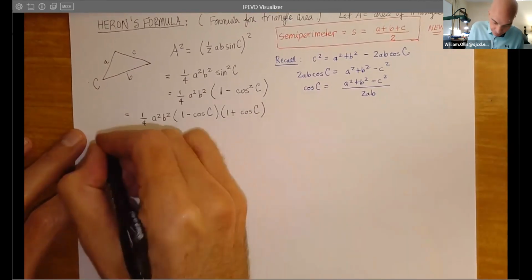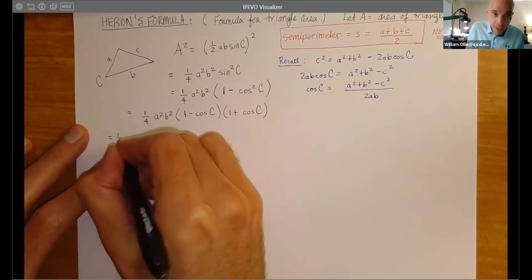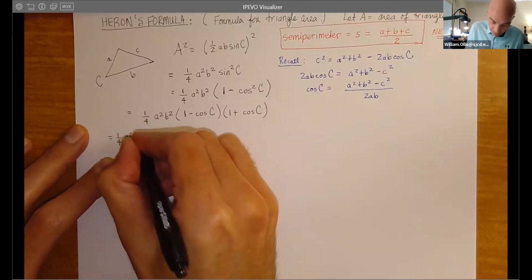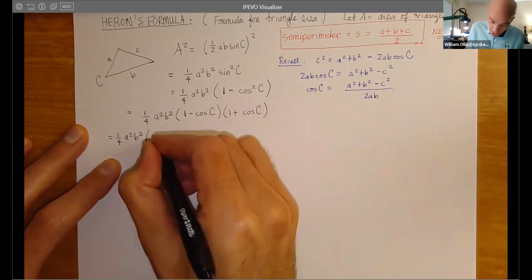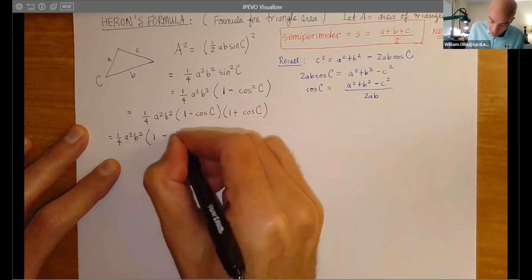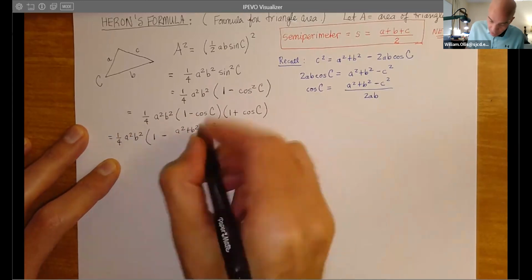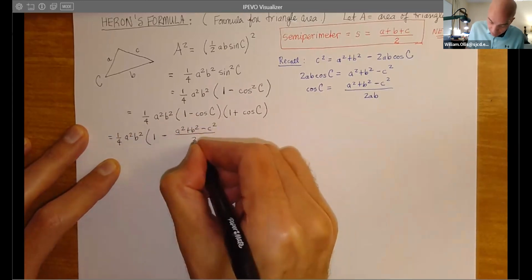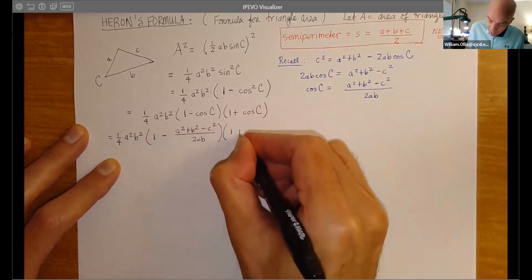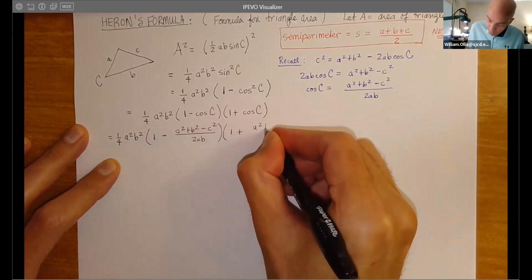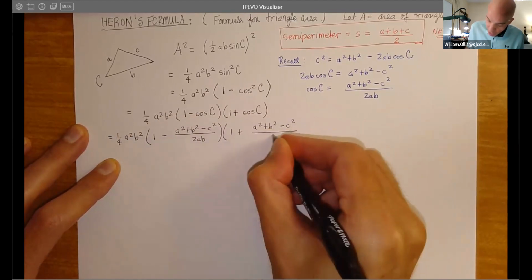So let's replace it. So we have 1/4 A squared B squared. So now just go ahead and substitute. So we're going to have 1 minus A squared plus B squared minus C squared divided by 2AB, and then we have 1 plus A squared plus B squared minus C squared divided by 2AB.